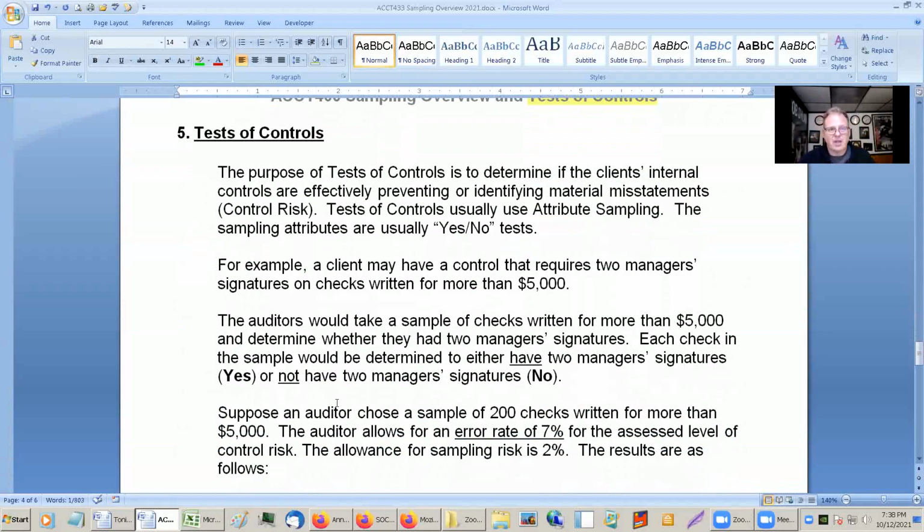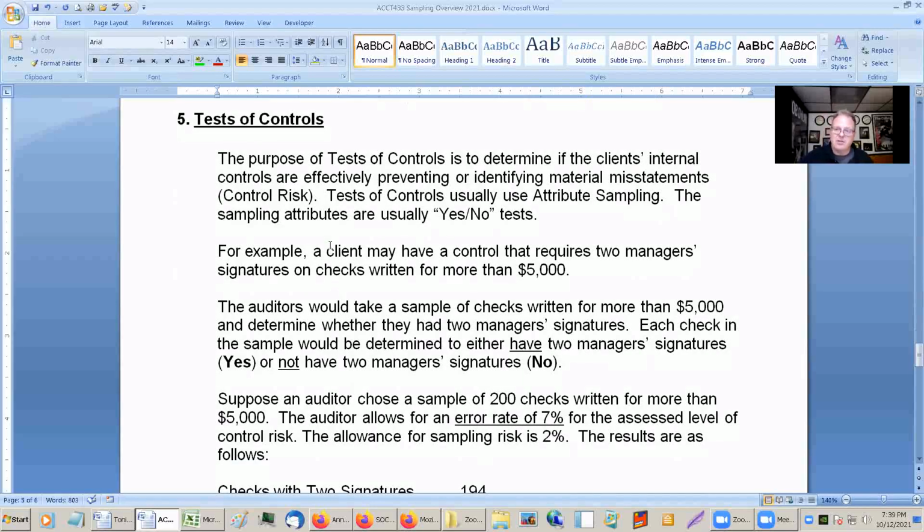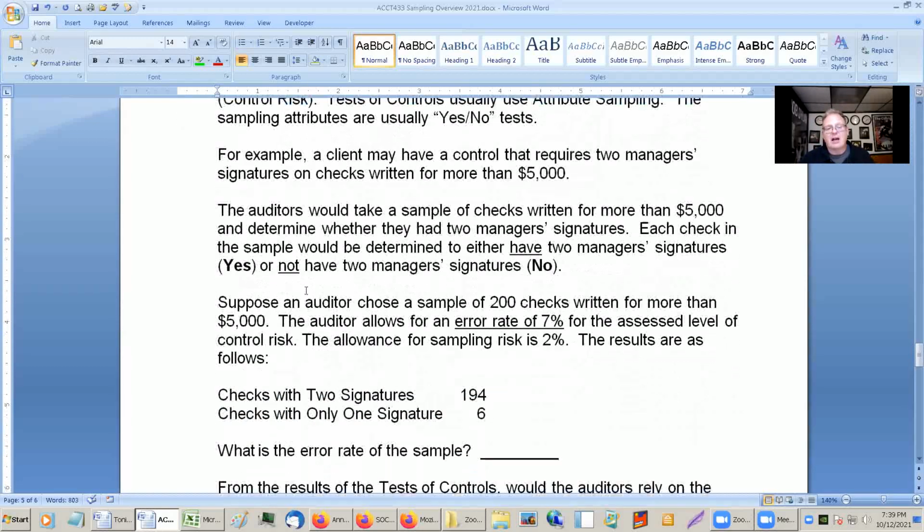Okay. Test the controls. These have been tested quite a bit on the CPA exam, at least in the past. Basically, we want to be able to rely on the controls.